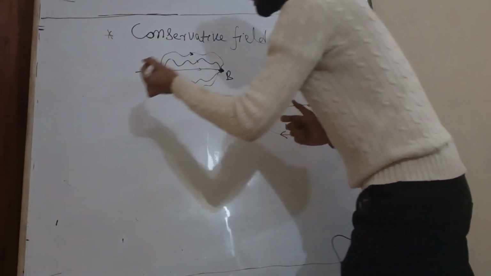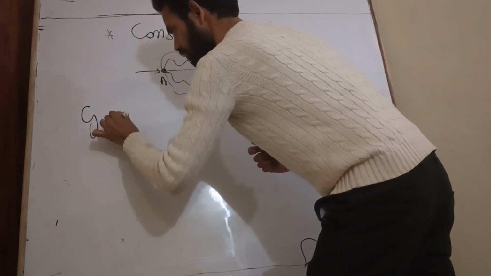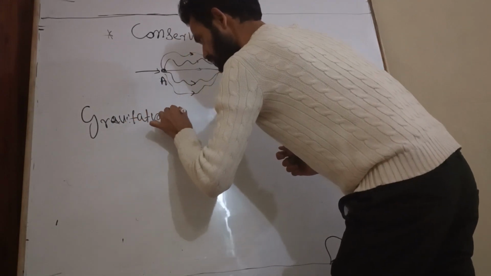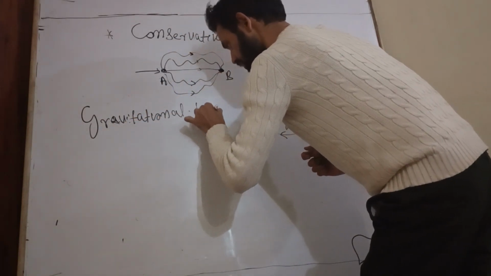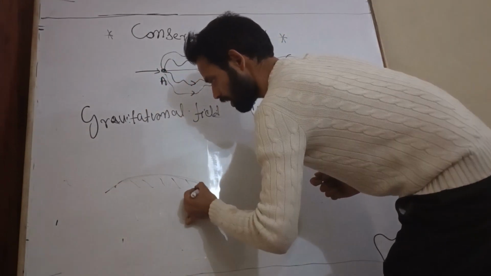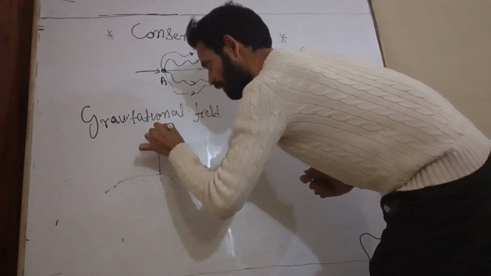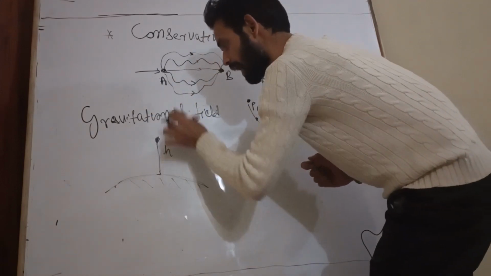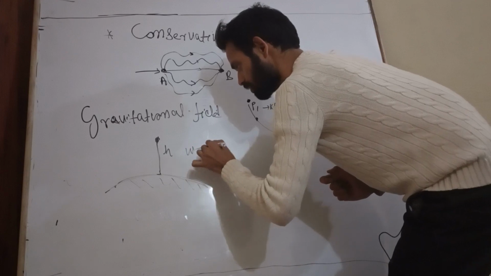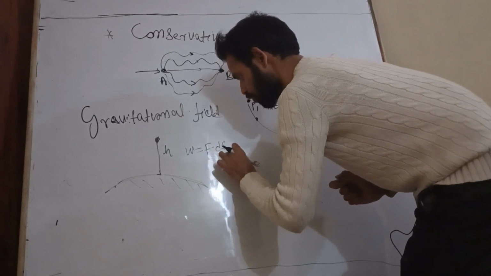If you see the case of the gravitational field, from the surface of the earth, if you throw some object to a particular height h, work is done. As we know very well, work done W is equal to F times S, force into distance.